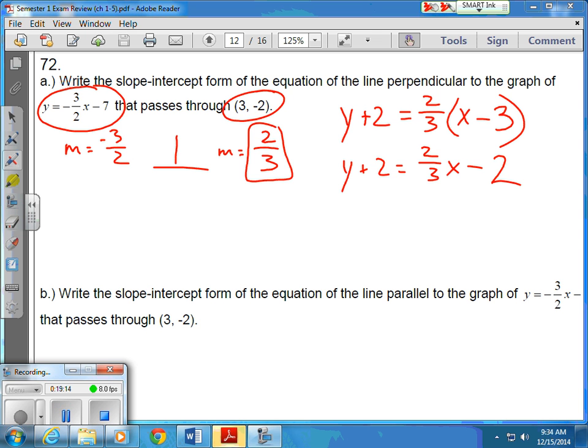Add 2 to both sides. Y equals 2/3 x plus 0. I think. Oh, I messed up. Subtract 2, subtract 2. Thought that looked wrong. Minus 2, y equals 2/3 x minus 4. How about that?